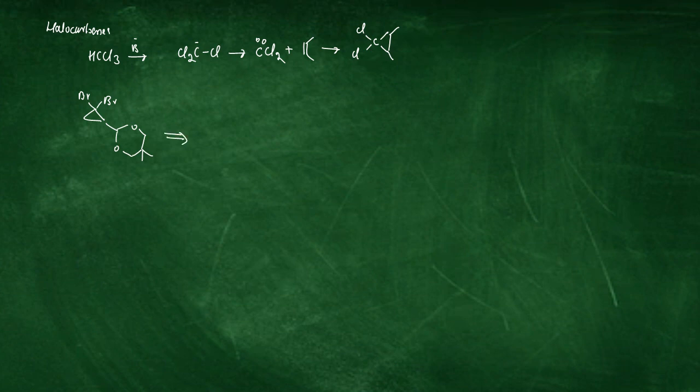So the 2-bromine atom could be replaced by bromocarbene, and we get the species like this.